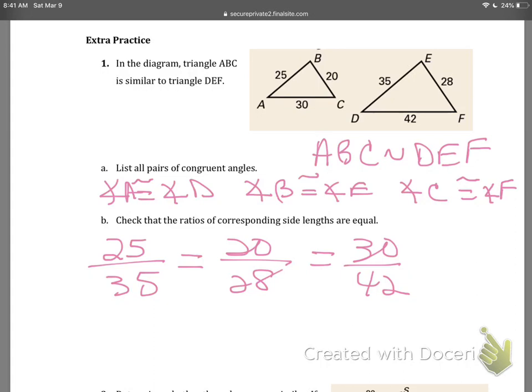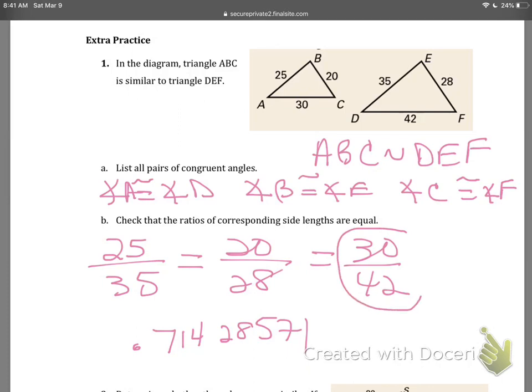So 20 divided by 28 and 30 divided by 42. Okay, I'm seeing that I have the same exact decimal each time, and that is 0.7142857. Okay, so I know that those are all going to be in the same proportion.